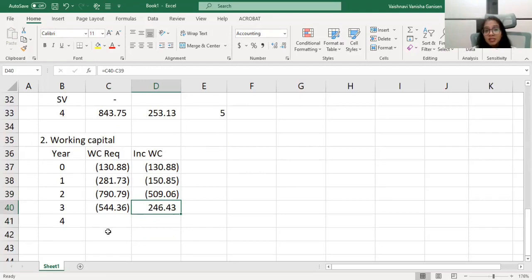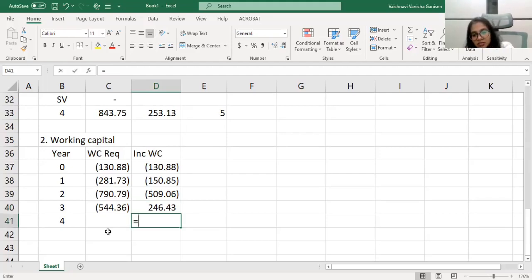So guys, remember I told you when I was teaching you working capital, if there is a reduction in your working capital, that means you have spent lesser amount of money in terms of working capital. Hence, you will get a working capital saving, because you invested lesser amount of money.